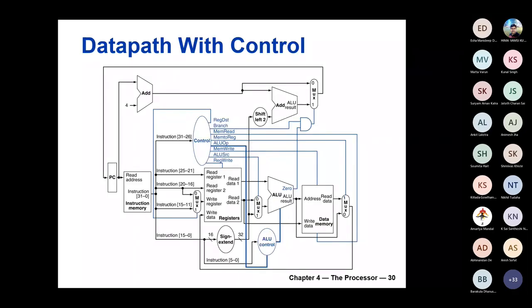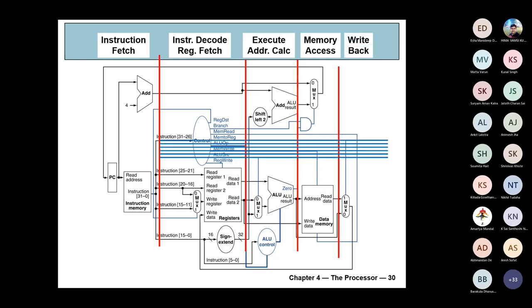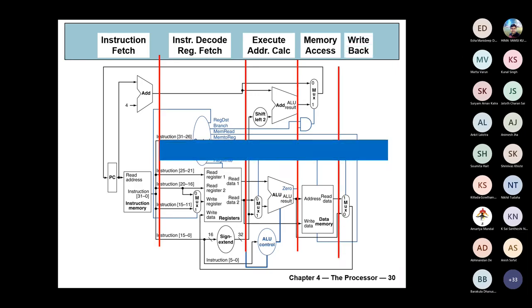Notice that this is the basic hardware which implements the data path with control for a single cycle for implementing some basic instructions. And we have identified that there are portions of the hardware responsible for executing the different components.